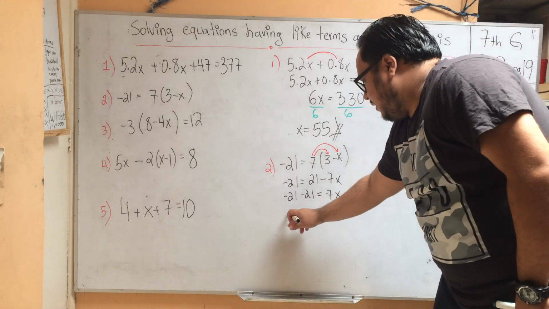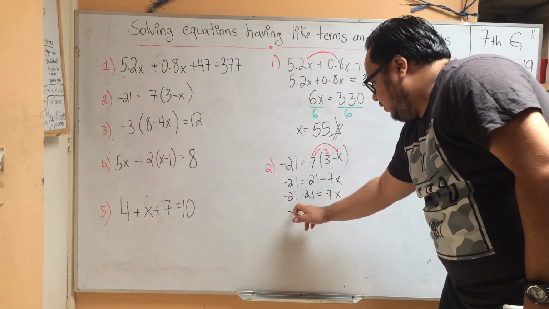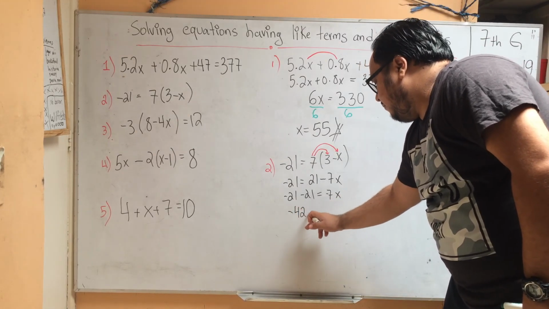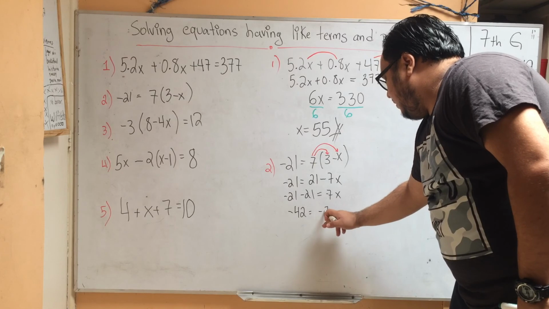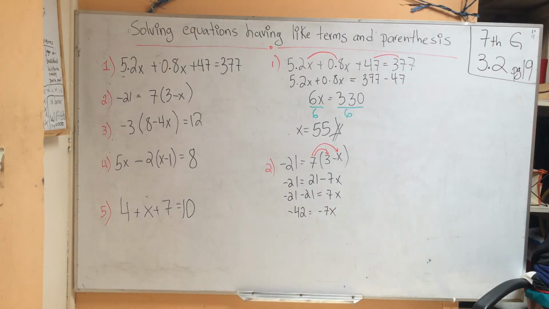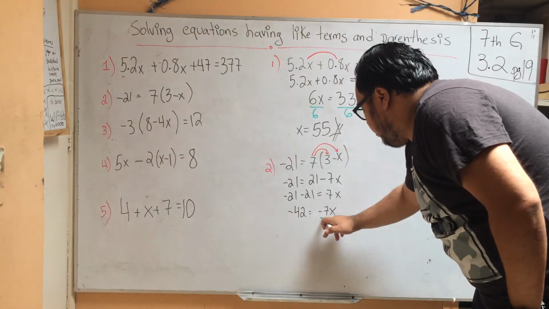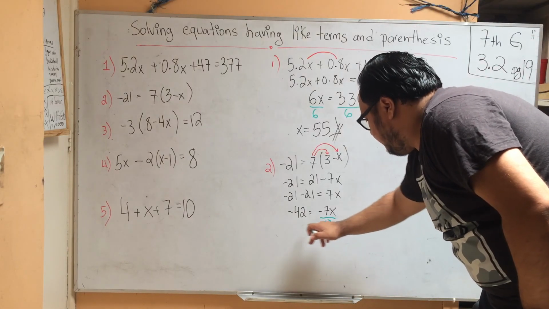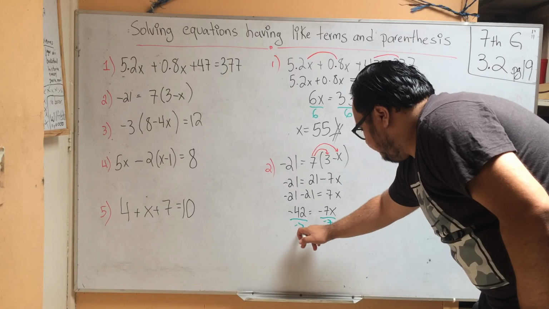Here we have minus 21 minus 21, it's like adding them, and we still have minus 7x. Now to solve for x, since we have a minus 7, we need to divide, and we divide by minus 7.